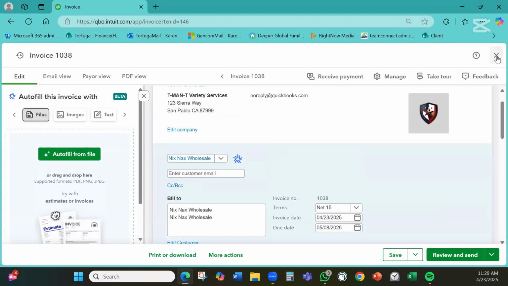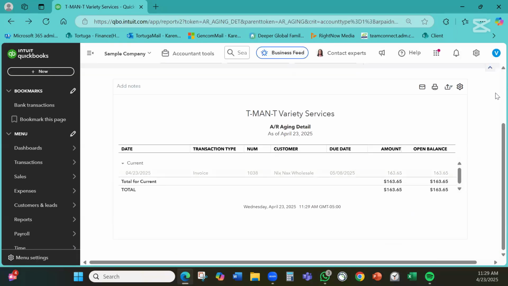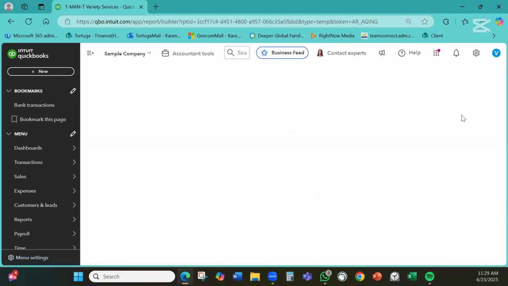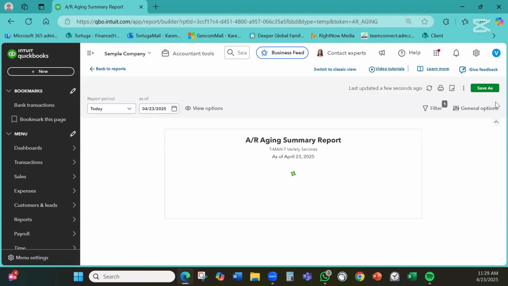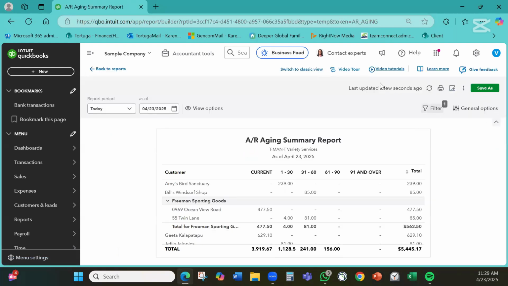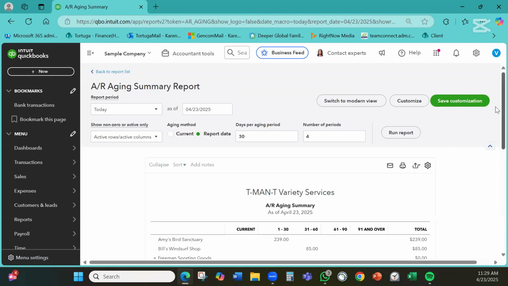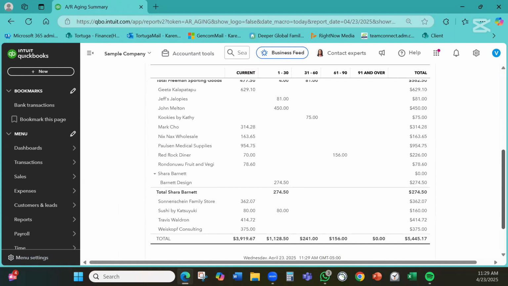Okay, so that's where you would go to see who owes you. Report is right. This is where you would go to see, okay, 5,445.17 is what is due to you, and these are the different people that owe you, right?